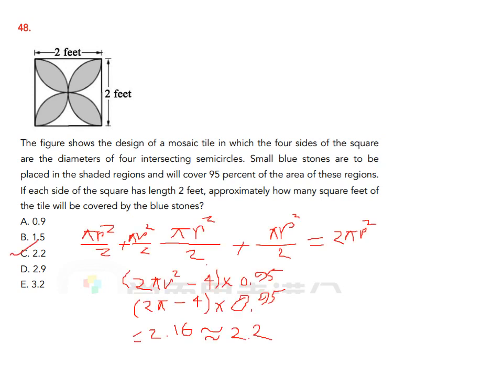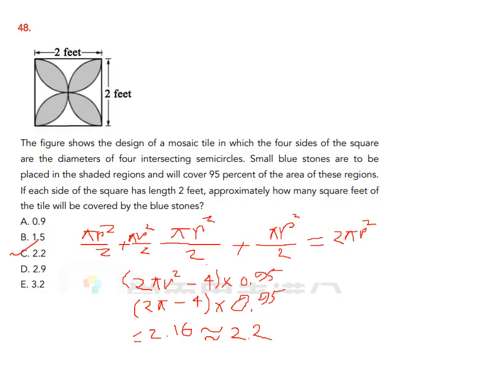Notice that there are four semicircles, right? What is the area of a circle? Pi r square. So the area of the semicircle will be pi r square divided by 2. So there are four semicircles. So 4 pi r square divided by 2, we get 2 pi r square because 4 divided by 2 equal to 2.